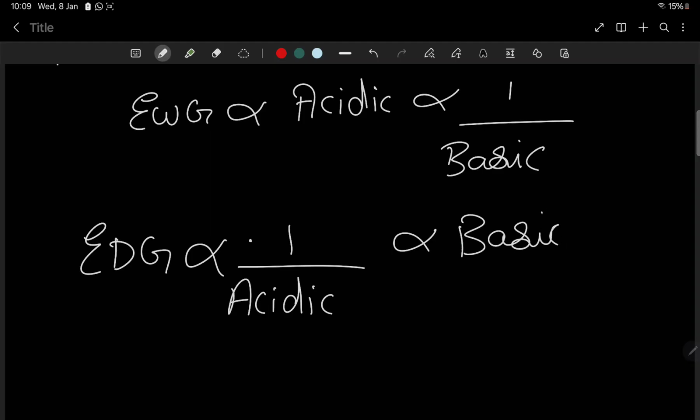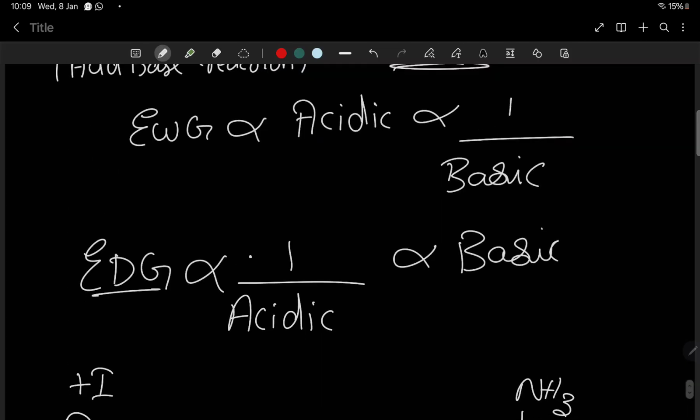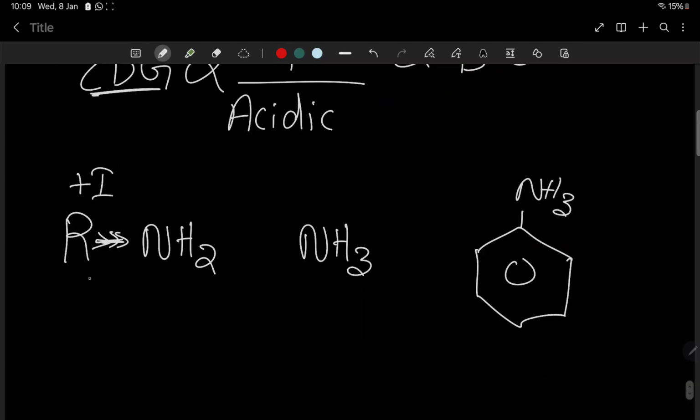Look, I am taking an aliphatic amine RNH2, ammonia, and aniline. In these three compounds, here there is an R group with a +I effect. You know that when an electron donating group comes, basic character increases. So here it is the most basic.